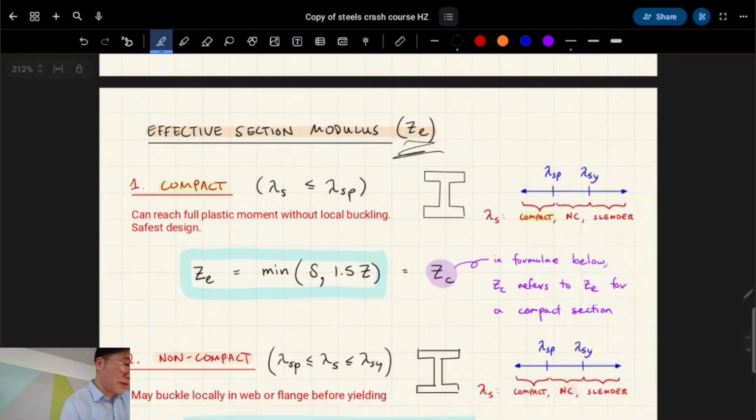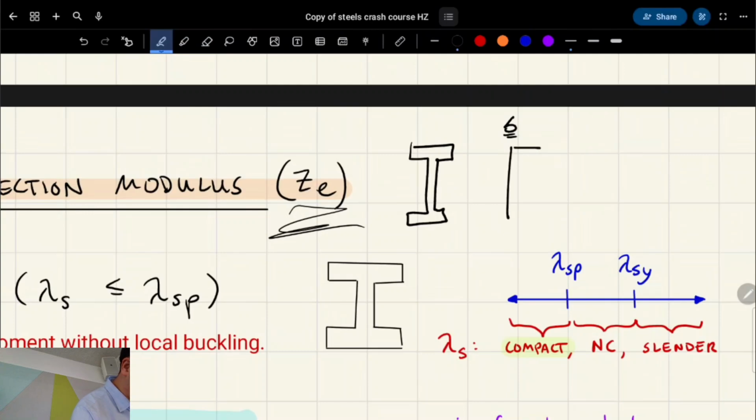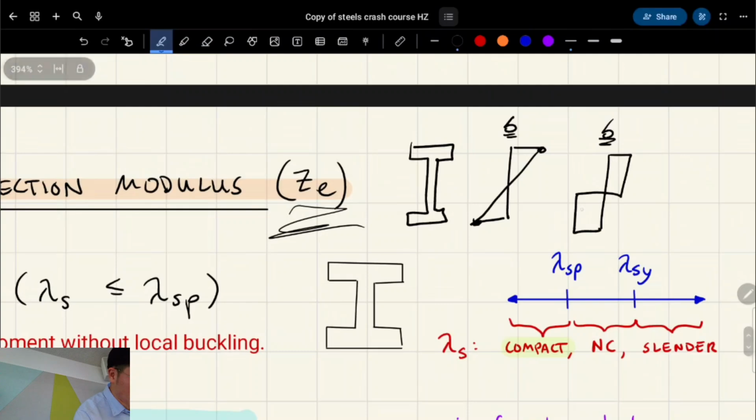Because what we basically did is, okay, so just consider like an I-beam. Before, the first yield moment is where just the tips have yielded, right? That's one extreme. The other extreme is where the entire section has yielded.